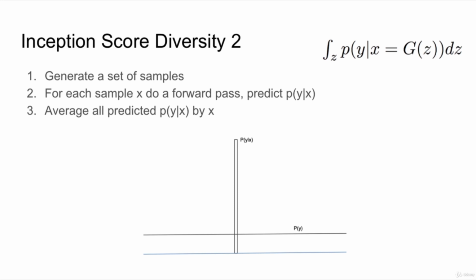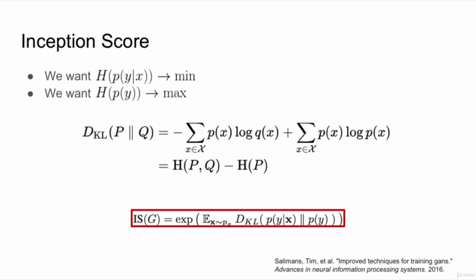Look at the picture on the slide. Here is the demonstration of our wishes. We want P of y to be uniform and P of y given x to be concentrated in one point. From the probability theory, we could remember that Kullback-Leibler divergence between two distributions is the difference between the cross entropy and the entropy.